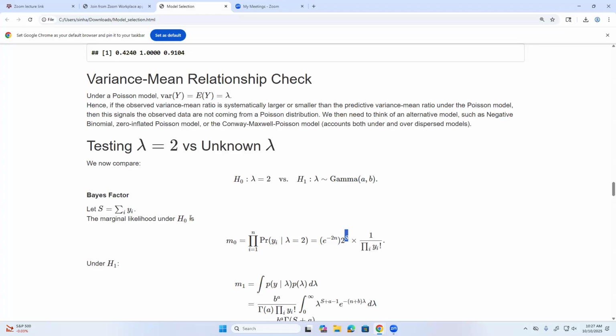What is this s? S is the sum of yi, the total of the observations, and you have 1 over the product of yi factorial.